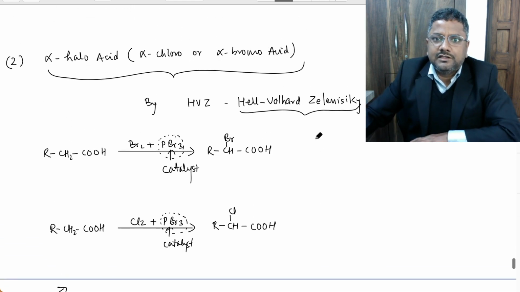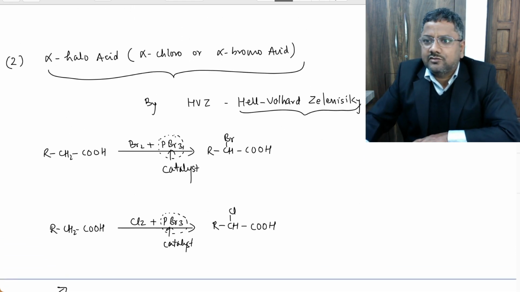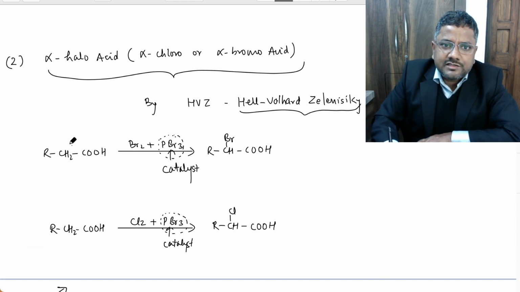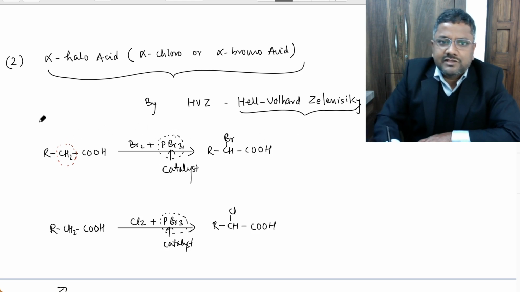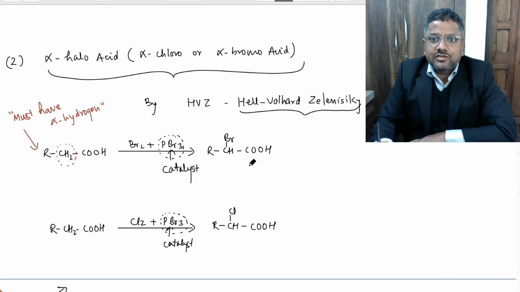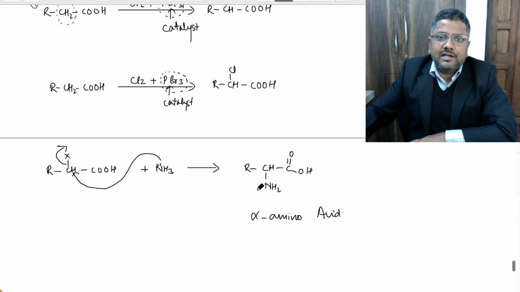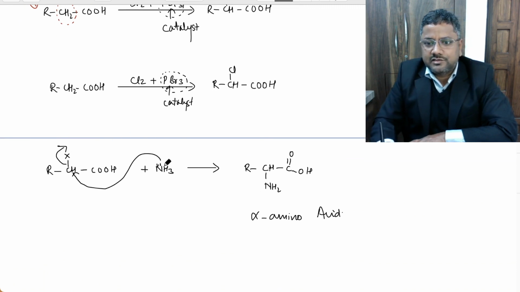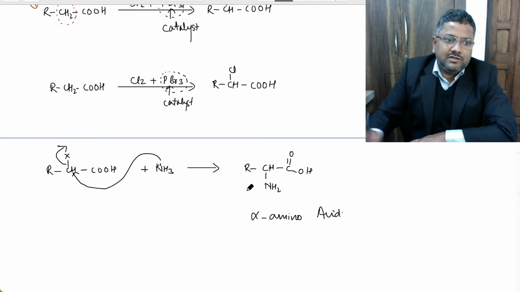For this HVZ reaction, what conditions should be there? Whatsoever carboxylic acid you have taken must have alpha hydrogen. So the necessary condition for the HVZ reaction is that this carboxylic acid must have alpha hydrogen, right? This alpha hydrogen will be replaced with halogen, and you will get alpha halo acid, and this halogen can be replaced by this ammonia. So you get alpha amino acid.